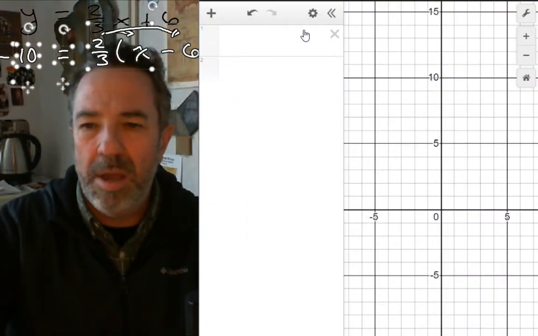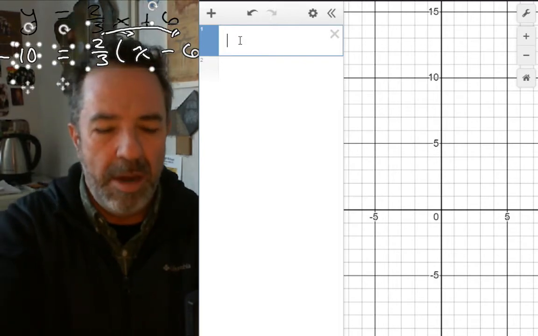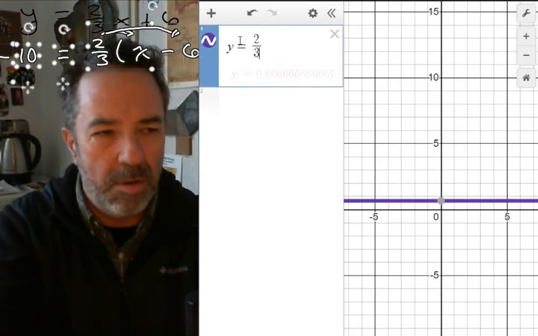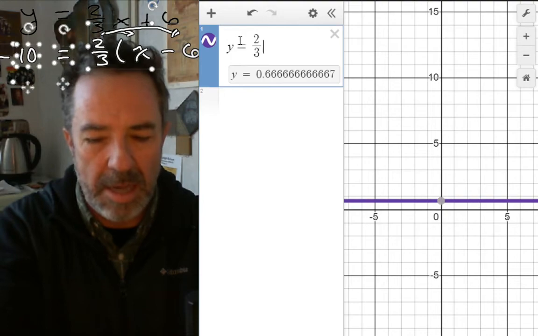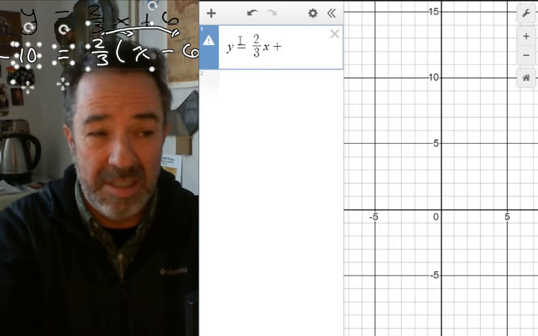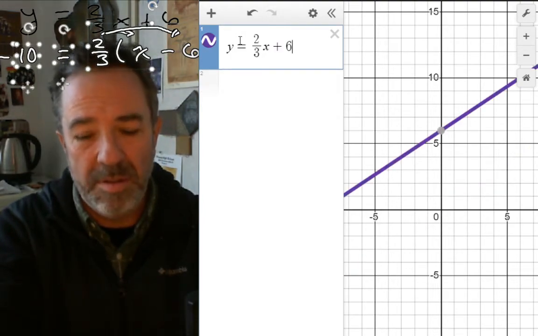So in the one equation, oh, you can't see all that, but it was y is equal to 2/3 times x plus 6, right? That's the point slope form.